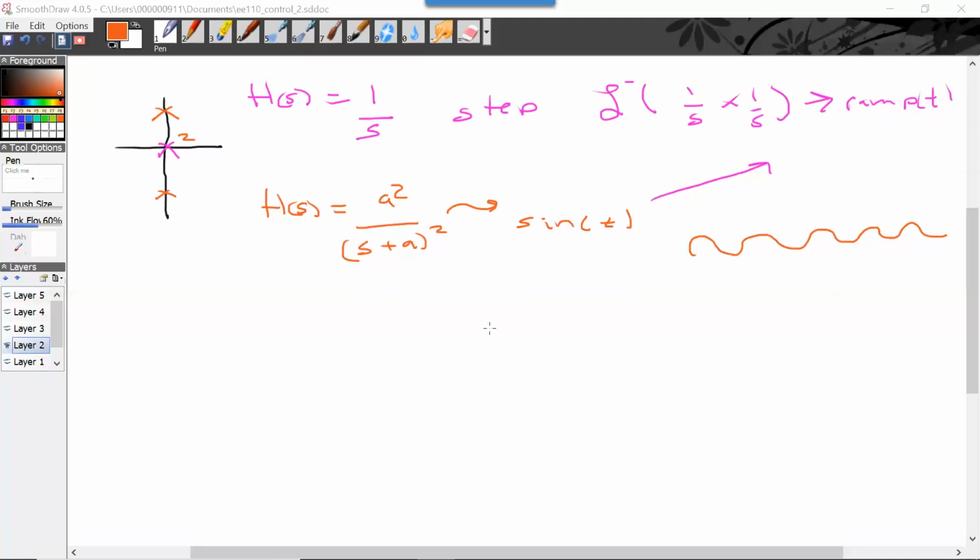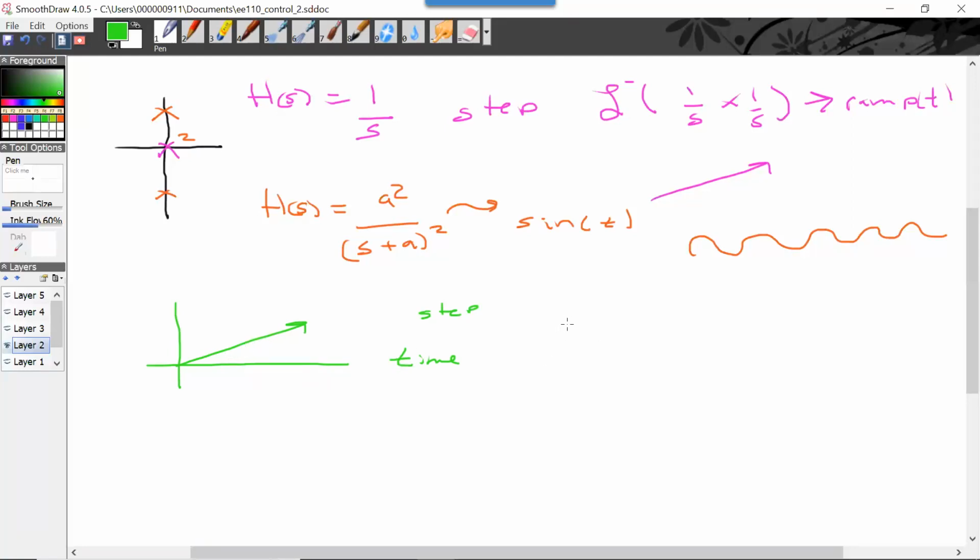So just to summarize what I just said: if you are looking at the time domain of a step response, and you see this linear shape, well, you know it's an integrator, right?